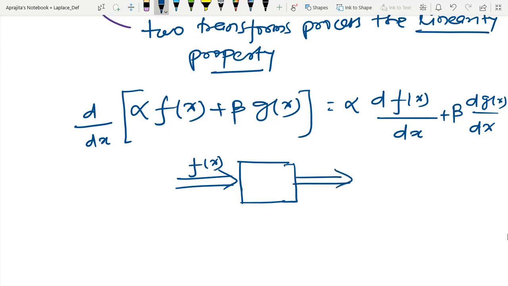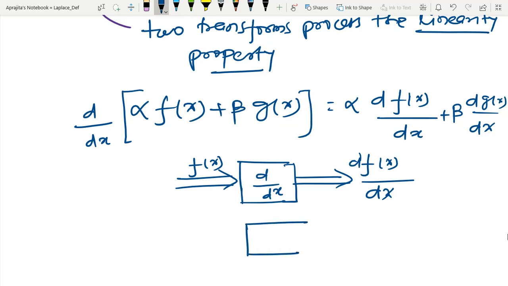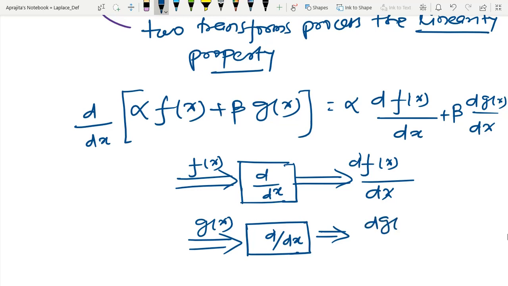So suppose I have some operator like d/dx, then I am going to get on this side df(x)/dx. Now again I will take the same system, which is going to do differentiation whenever I apply some function. So the behavior is like this, that is dg(x)/dx.